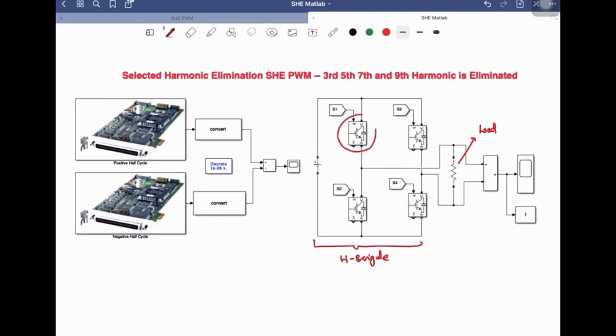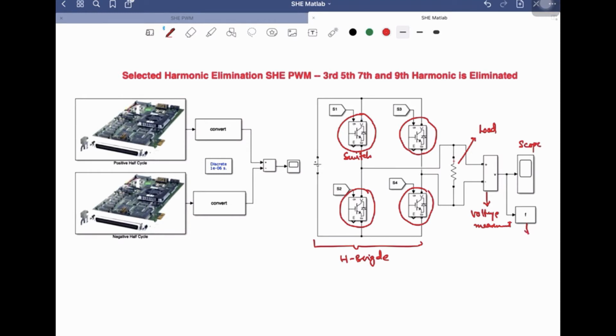These are the power electronic switches, maybe the MOSFETs, maybe the IGBTs. So all of these are the power electronic switches. Right? This is the voltage measurement block. It measures the voltage across the load and displays that voltage on the scope.